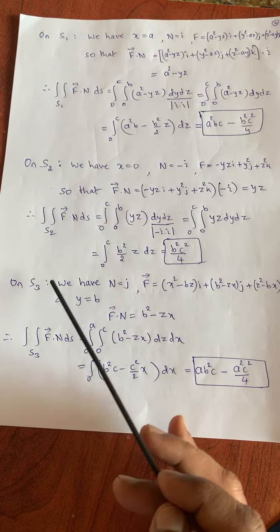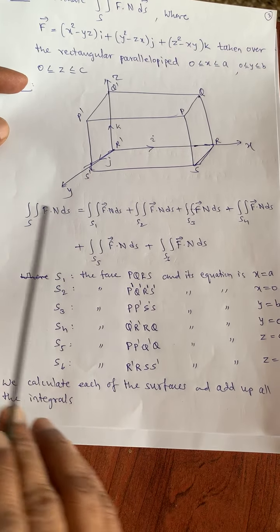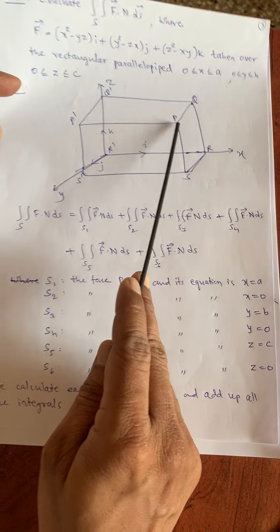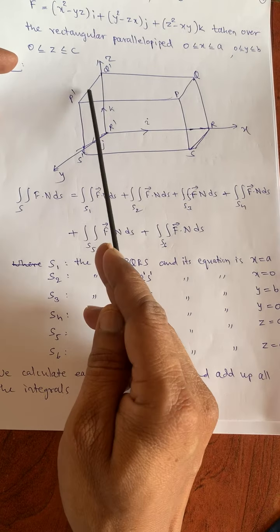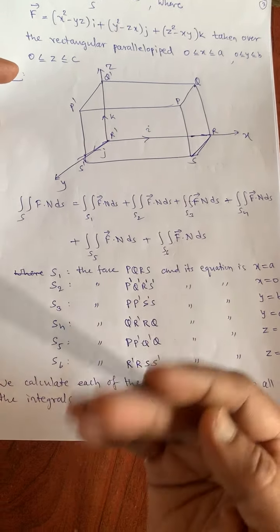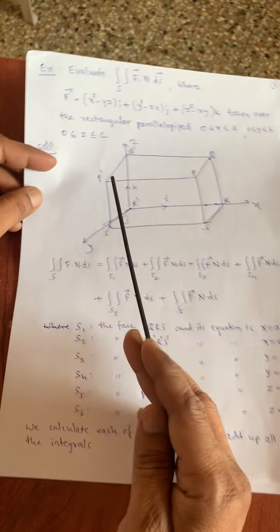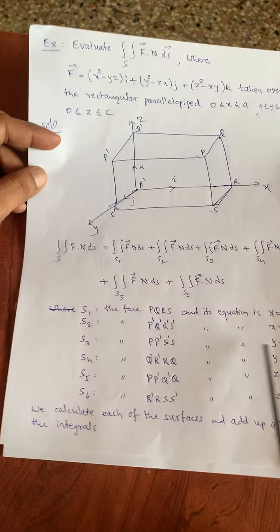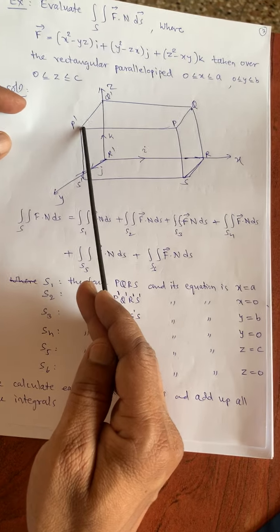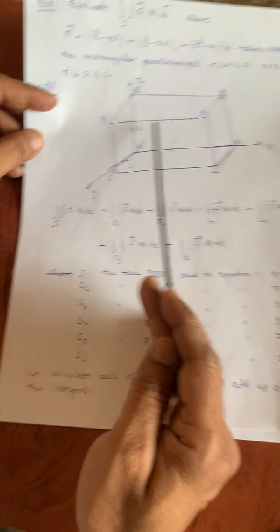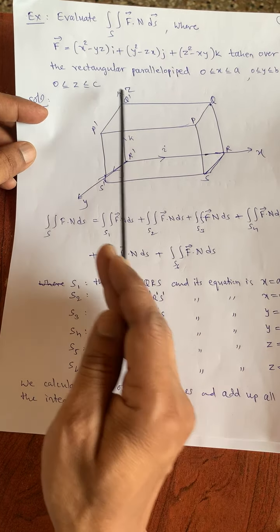Next, on S3, we calculate the third surface. We have taken P dash, S dash for the third surface, which is in the direction of the positive y-axis. The equation of this plane is y equal to b, which is a coordinate plane parallel to the xz plane.